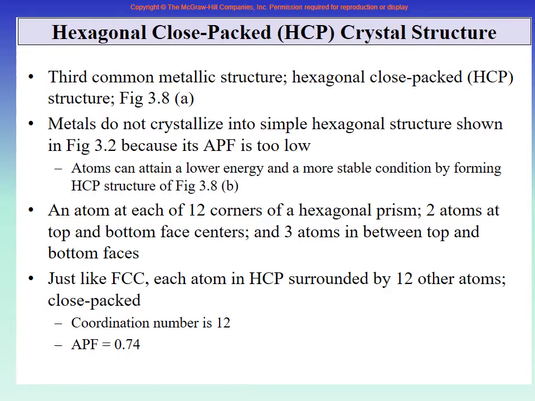The coordination number is 12. So if we can find the arrangement of the whole lattice, we see that any one atom is surrounded by 12 other atoms, and the atomic packing factor is 0.74. So the atomic packing factor is the same in hexagonal close pack as it is in FCC. Therefore both are close packed. One is cubic in nature, one is hexagonal in nature. BCC with an atomic packing factor of 0.68 is not close packed, it is normal.